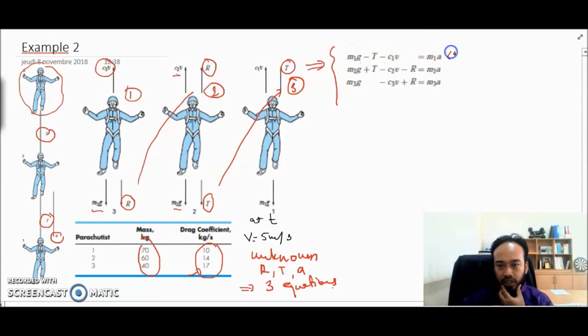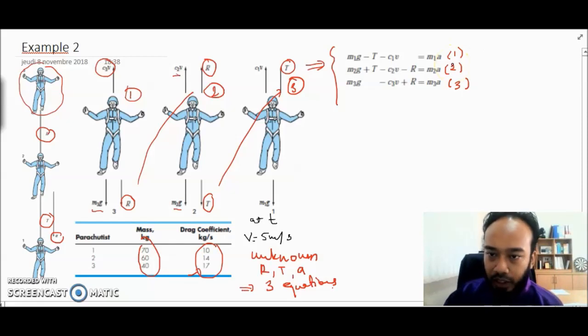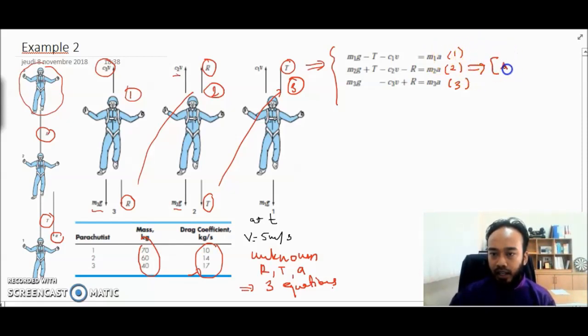These are the 3 equations: first equation from free body diagram number 1, second from the second free body diagram, and the equation from the third free body diagram. Now our objective is to write it in the form of A multiplied by X equals B.